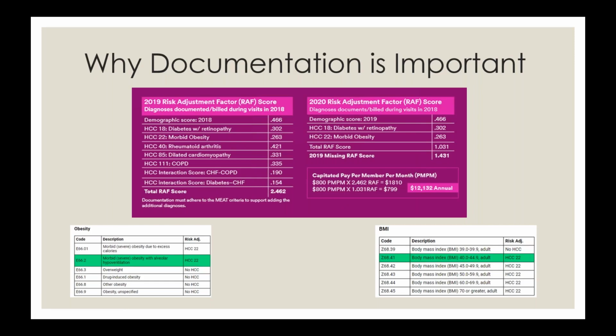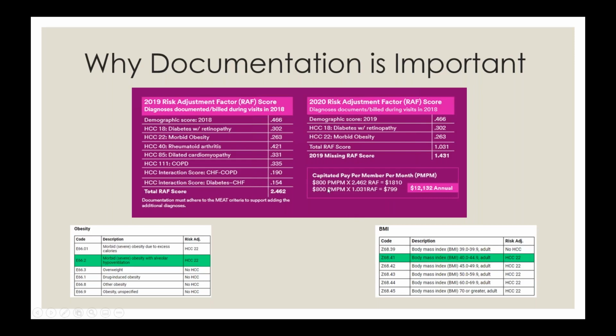So that is a whole point less than what it was before. And then when you take the calculation that they do based on those RAF scores, the missing is, I'm sorry, 1.431, and then the total RAF score was the 1.031. And so when you do that, basically, the per month is like $799. That's all that they would be getting.